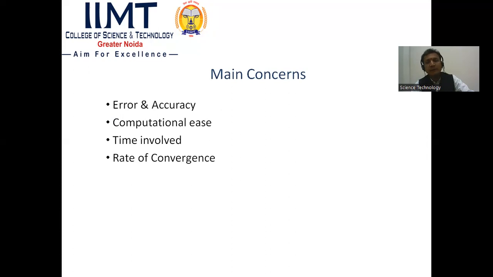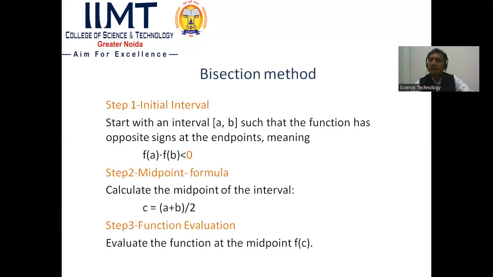Time involved in getting the solution and the rate of convergence of method, that means at which speed we get the solution using these methods. So these were few concerns when we use these methods.